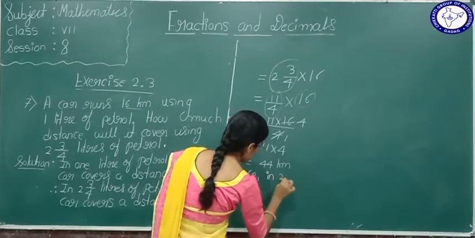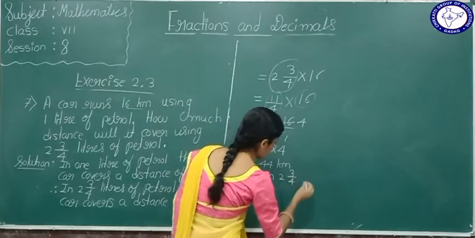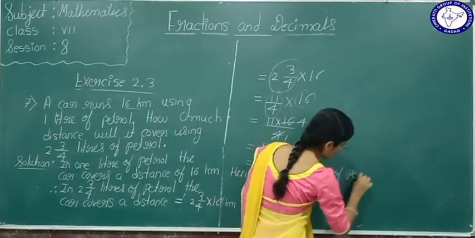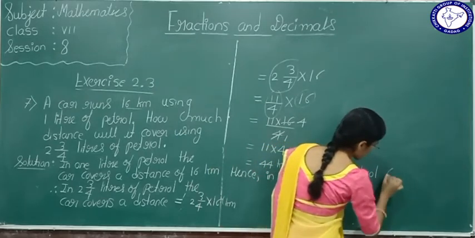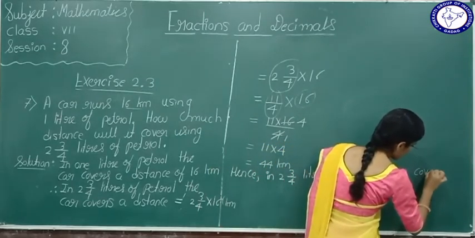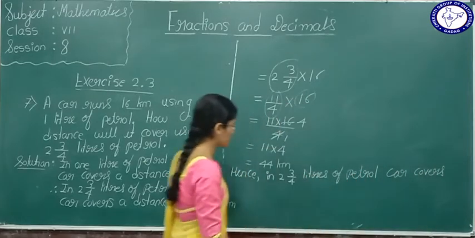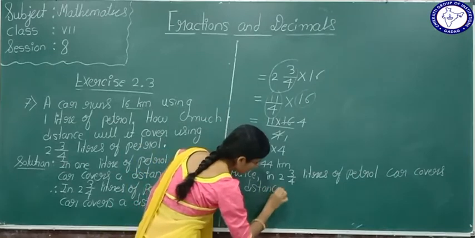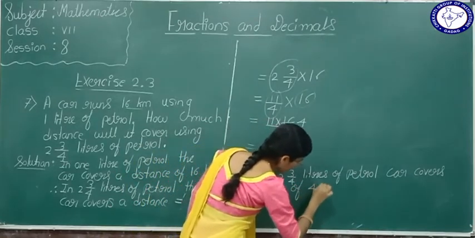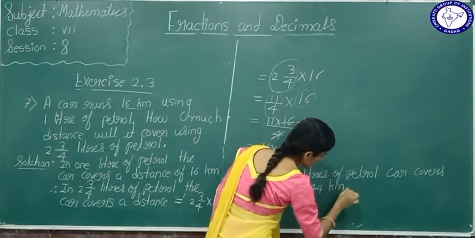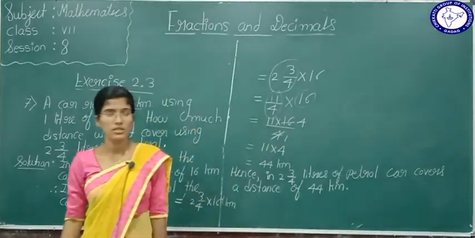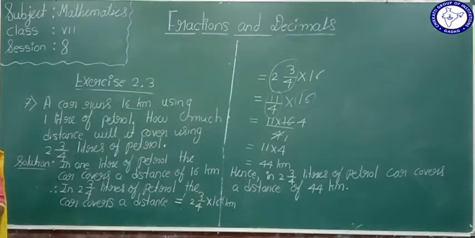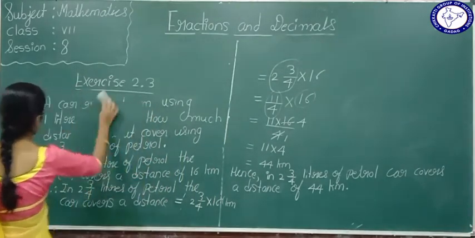Hence in 2 integer 3/4 liters of petrol, the car covers a distance of 44 kilometer. Okay, so this is about the 7th one. Now we will see the last one, that is the 8th question.